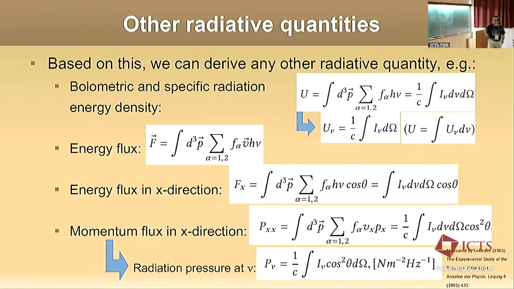And you have other related quantities. For example, the so-called radiation pressure. This is the pressure that radiation exerts when it falls on a surface, which is very small. That's why if you are outside and the sun shines, you don't get blown away, because it's very tiny. However, it is measurable.